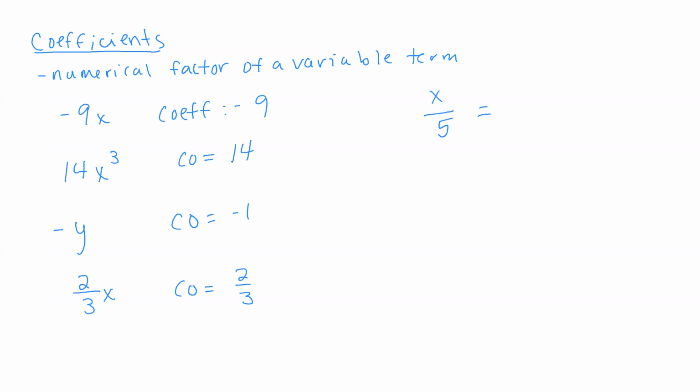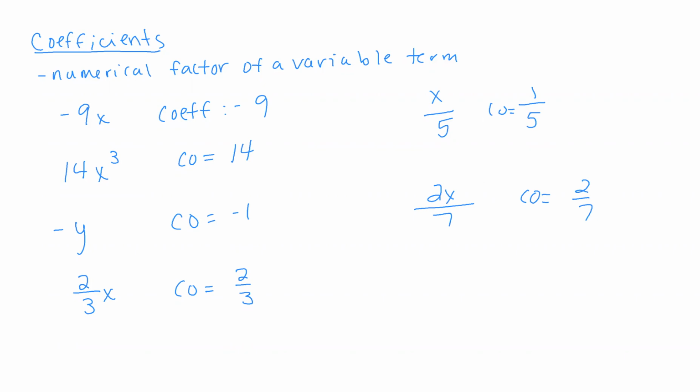Well, if we ignore the 5, we would have a coefficient on the x of 1, but then that 1 would be divided by 5. So I could also have something like 2x over 7. Well, the coefficient here, again, would be 2/7. So if your term looks like a fraction, it's going to have a fraction as the coefficient.